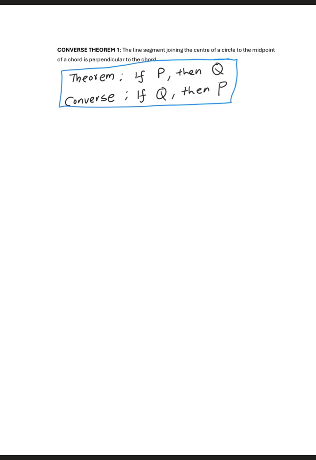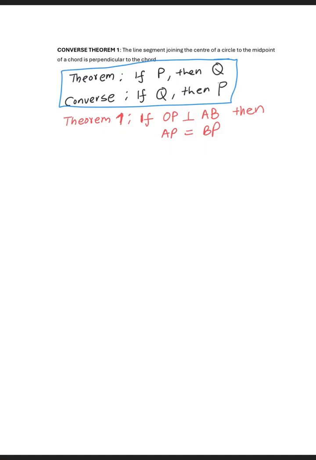In the previous proof, theorem 1 states that if OP is perpendicular to AB, then AP is equal to BP.